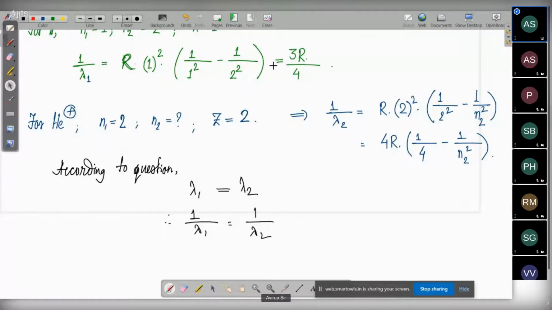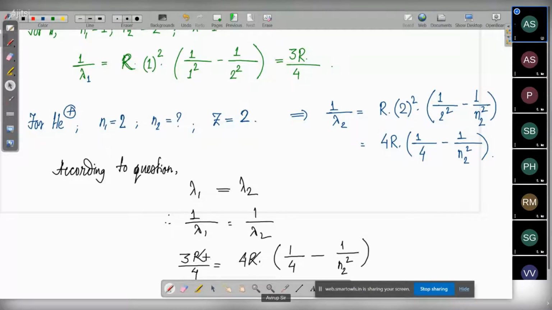So this is 3R by 4, that is equal to 1 by lambda 2, which is basically 4R into 1 by 4 minus 1 by n2 square. See, R and R are cancelling out.